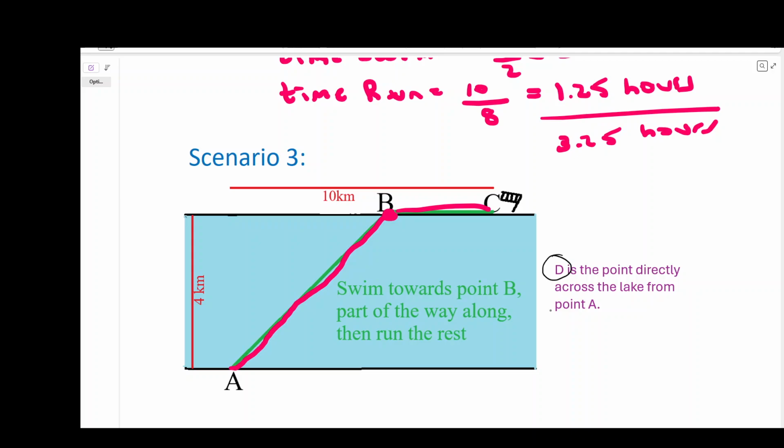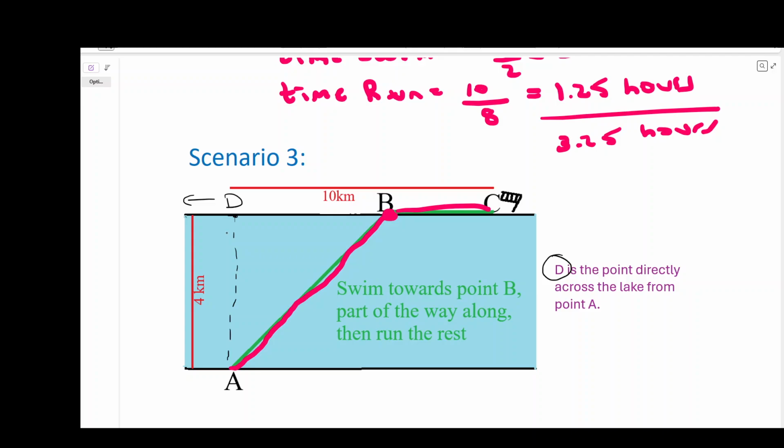So one thing I'm going to do is define point D. D is going to be the point that's directly across the lake from A. I'm just labeling it so I can call it something easier later, because we know that there's no point in swimming to the left of D in my picture.